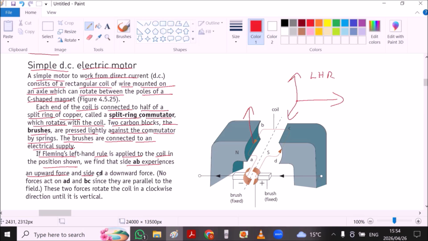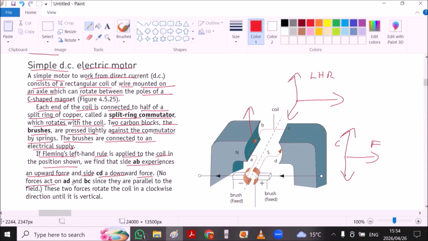And side CD will experience a downward force. The direction of the current is from D to C, which is given by the second finger, and the direction of the field is from left to right, which is given by the first finger. Therefore, side CD will experience a downward force.